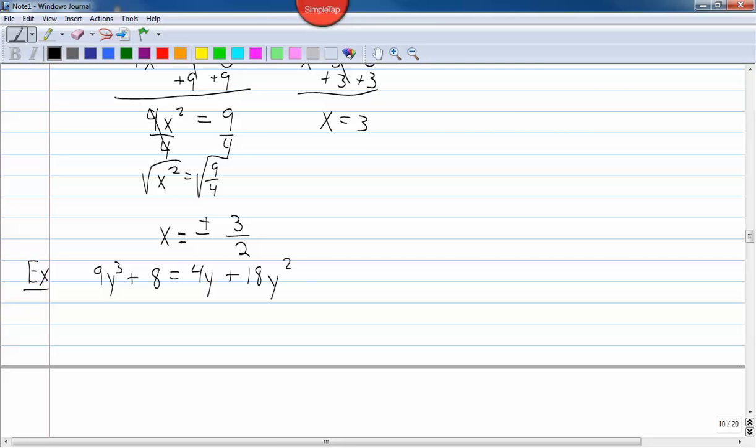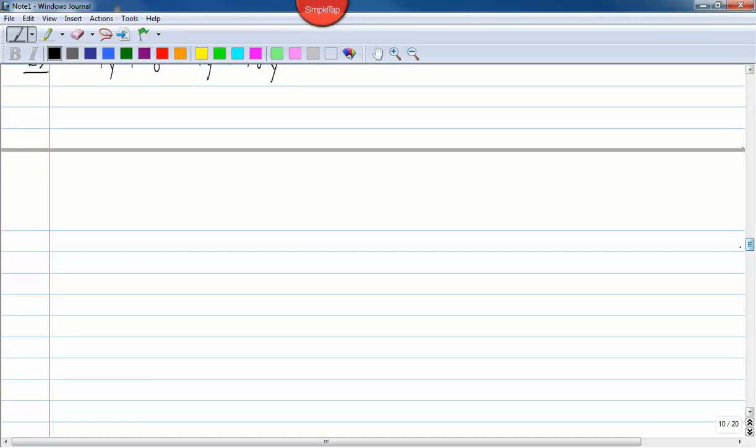I also need to make sure that my terms are in highest power to lowest power, all the way down to no power order. So here's my highest power, 9y cubed. I'm going to make sure that it stays positive because it has the highest power. It means the other stuff on the other side I'm going to move to the left side. Stuff on the right side, it's about to take a vacation to the left side.